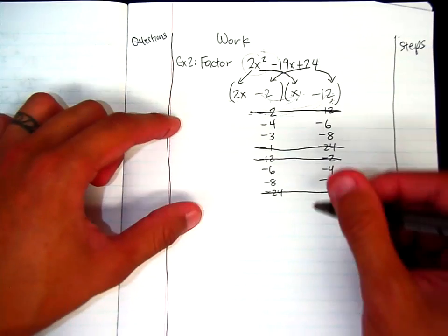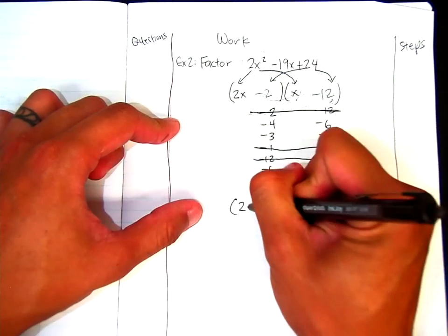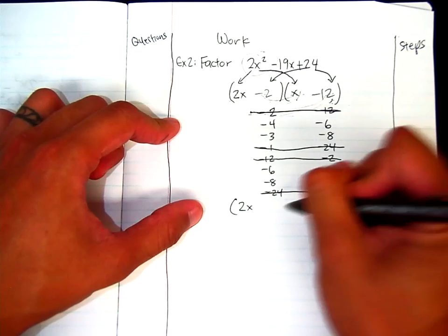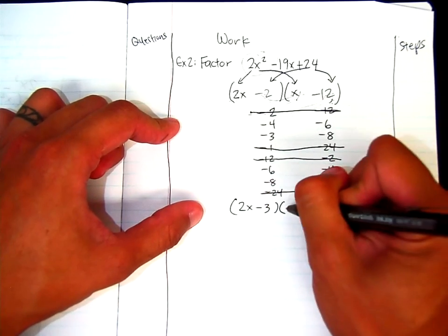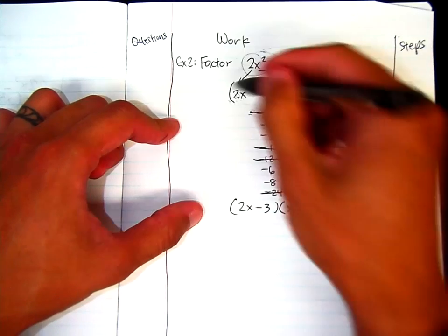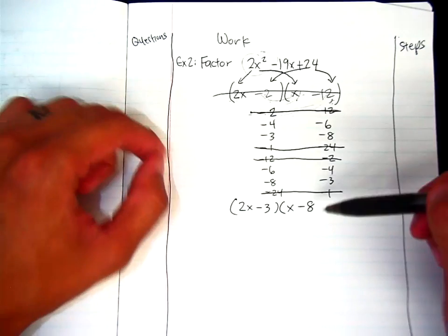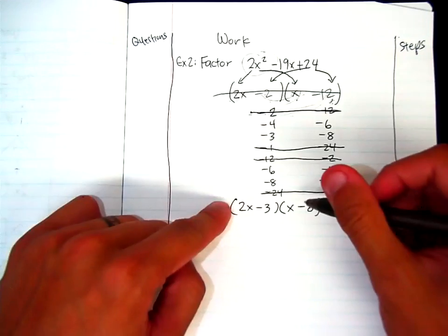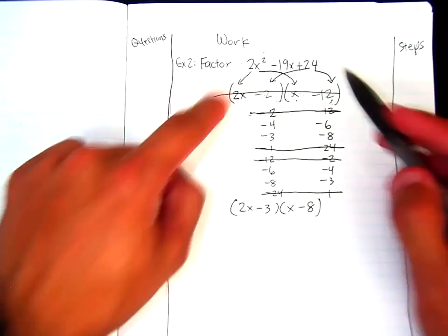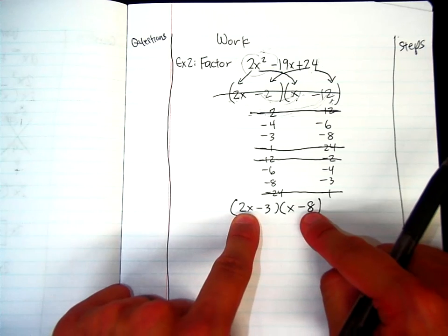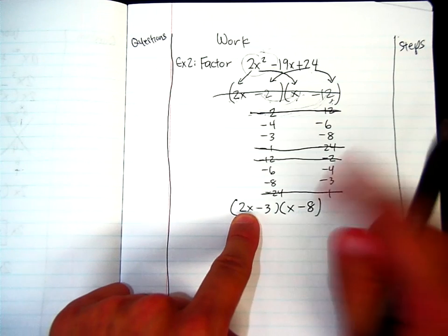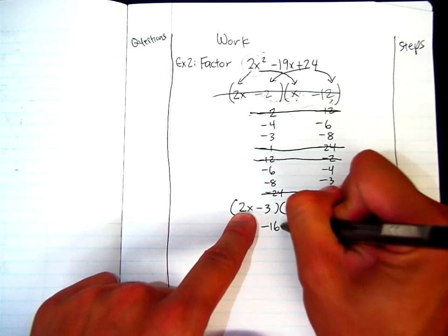Okay, so let's try 2x minus 3 and x minus 8. If I look, I know the two outside terms are good, so let's just check the inside terms. Negative 2x and negative 8, if I multiply these, will give me negative 16x.